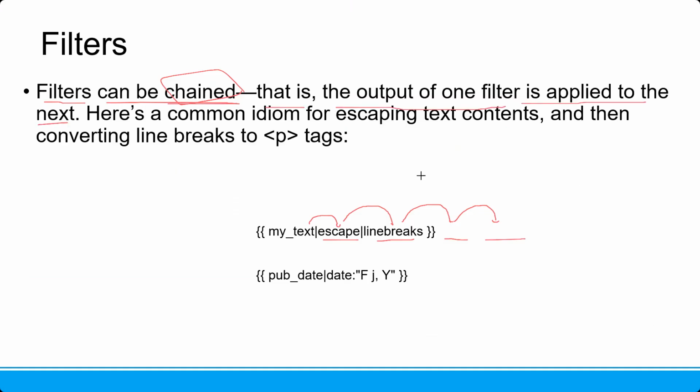For example, after I do lower, I want to split, and after I split, I want to make it one with line breaks. So this is the example: this is the variable, and then the filtering, I can do escape and then line break.